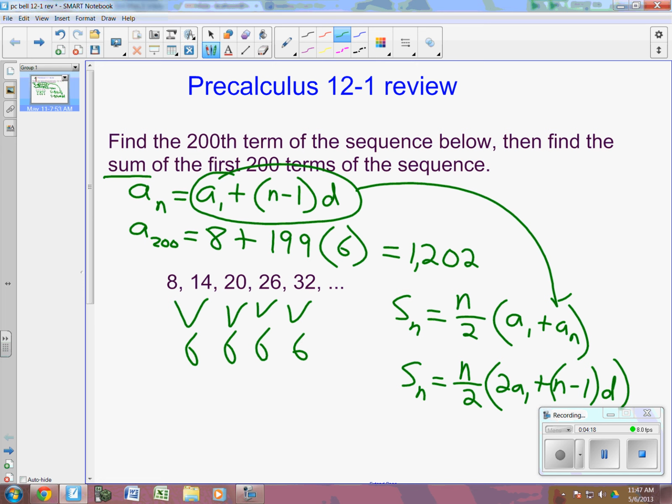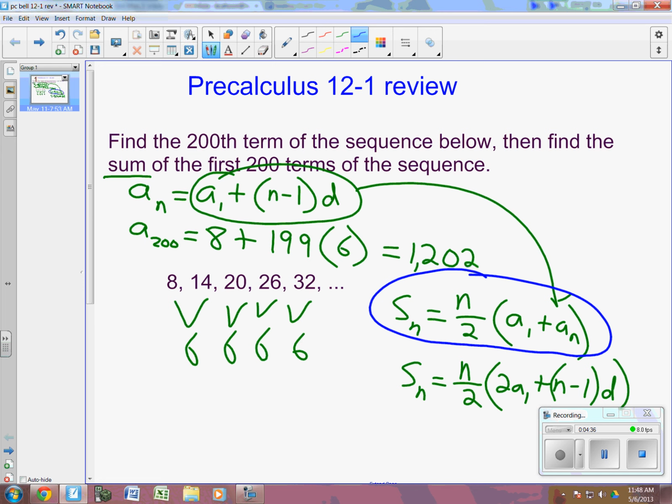So there's the second sum formula, and that's in case you don't know what the last term is. Now, since we just found out the last term, we can use the first formula that we wrote down for finding the sum.